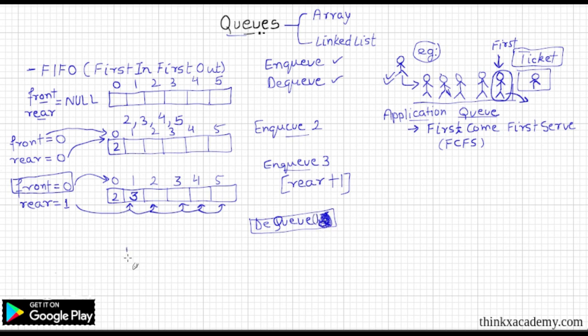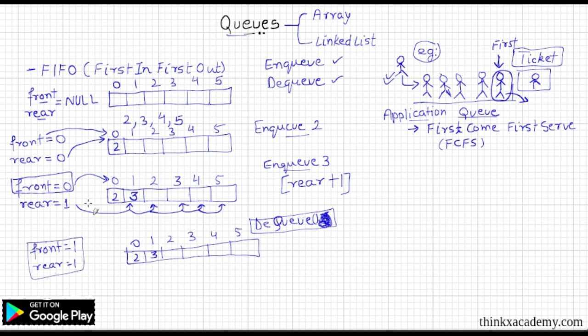Let's look at how the values of front and rear will become after this operation. Now the queue will be the same, but the value of front will increase by 1 and the value of rear will be the same.